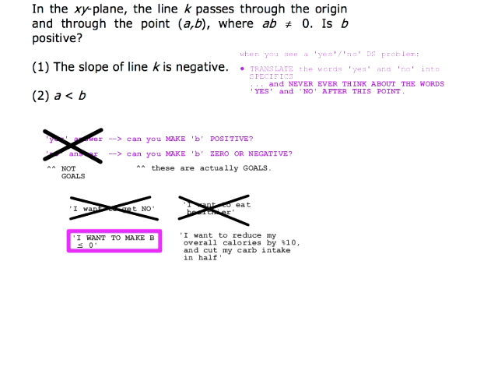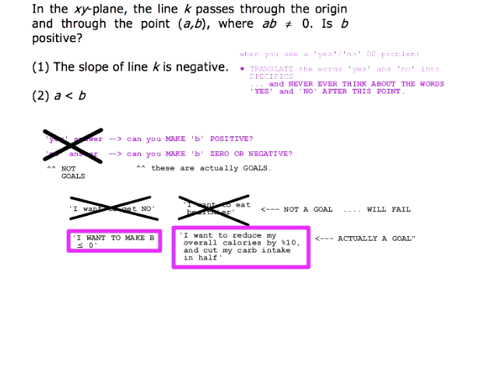This is an actual goal. And if you have goals like this, then you are much more likely to actually achieve something because you have goals that are actually goals. This is not a goal, pretty much will fail. This is actually a goal.